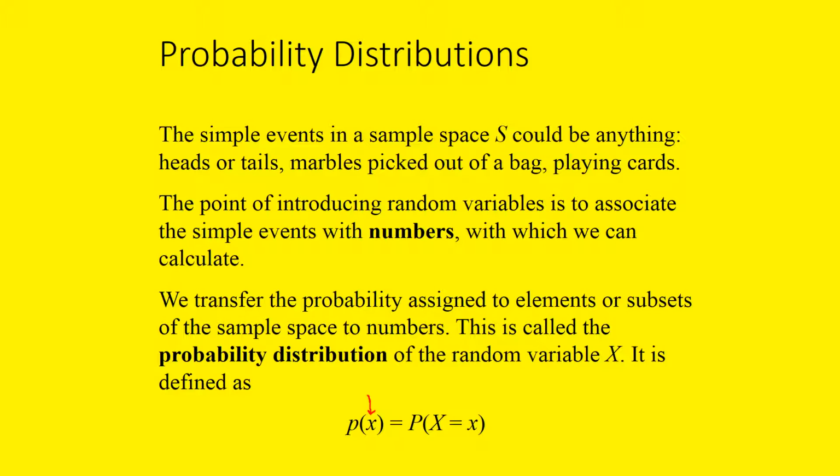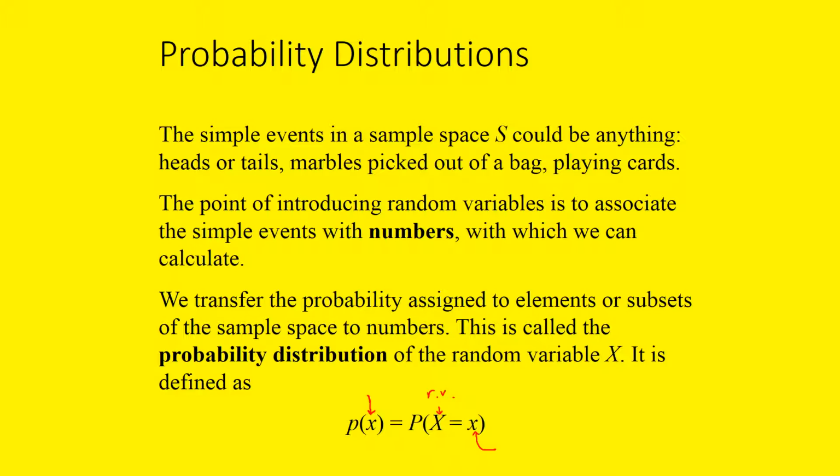The probability that big X, here's your random variable, takes on a particular value, little x, is some number between 0 and 1 for a probability. That's the y value, right, in the probability distribution.